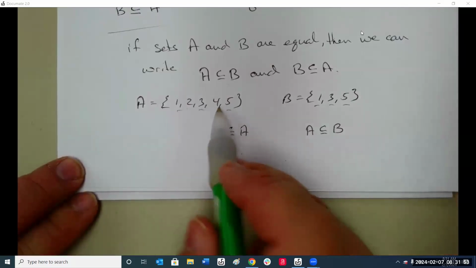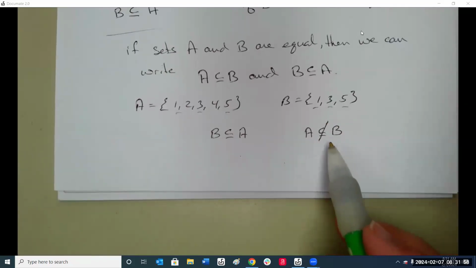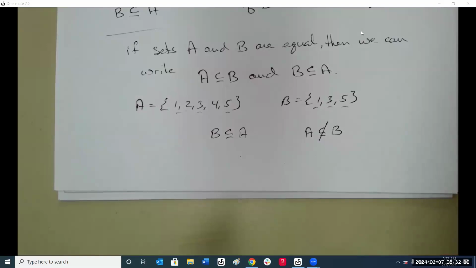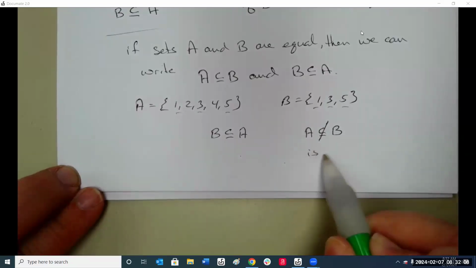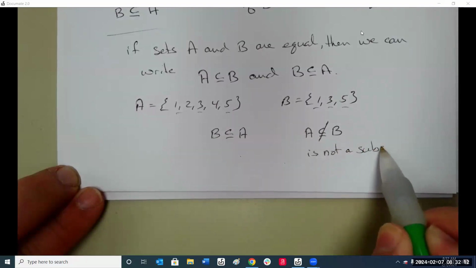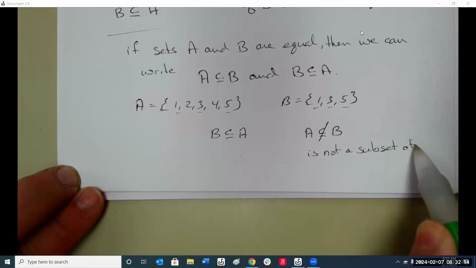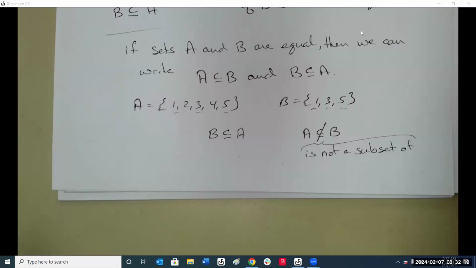Since it's not, because this has too many elements, we would do this. This stands for is not an element of. Is not a subset. So A is not a subset of B.